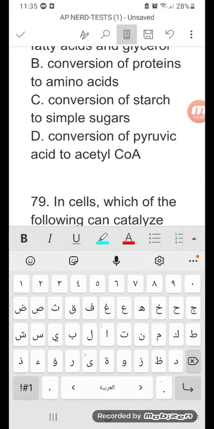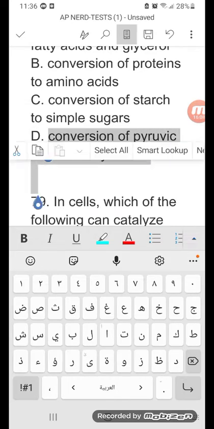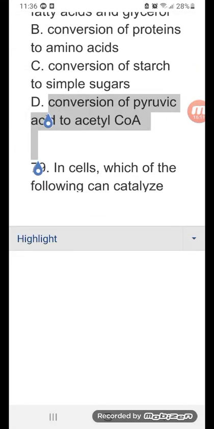Because when we move from pyruvic acid to acetyl-CoA, we do decarboxylation, which means a carboxyl group is removed. It's not hydrolysis, it's called decarboxylation.